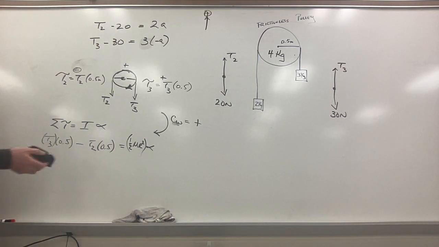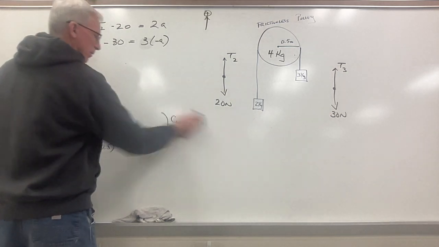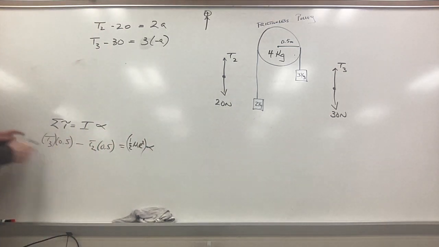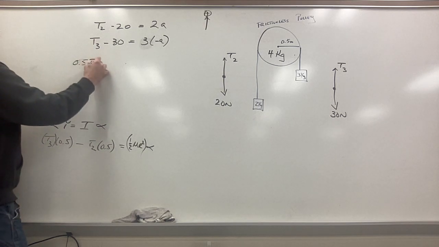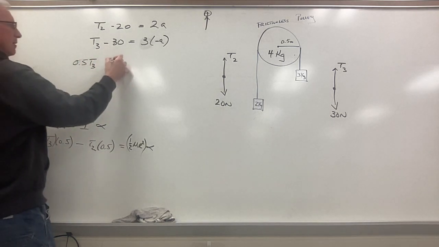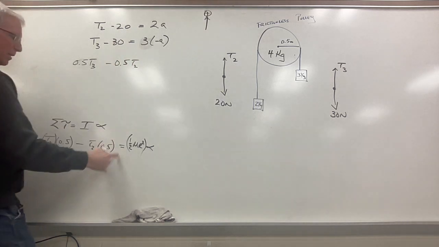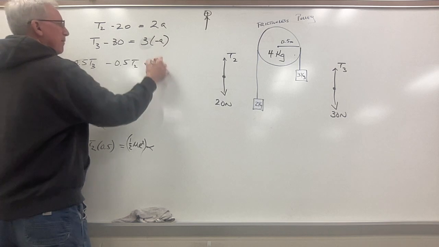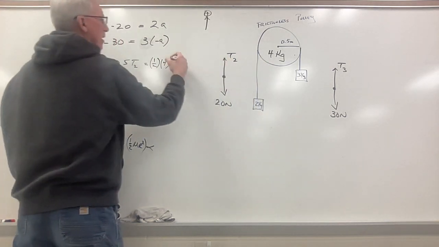Okay, so I'm going to erase this stuff for a second so I can clean up my math a little bit here. So I've got this 0.5 times T3 minus 0.5 times T2 equals 1/2. My mass is 4 kilograms over there.